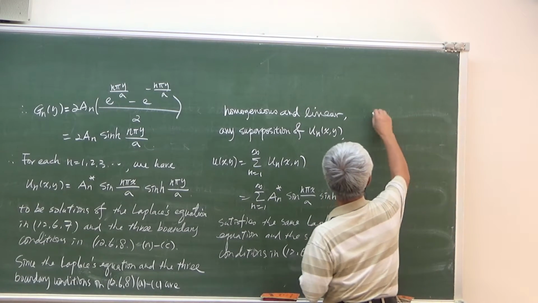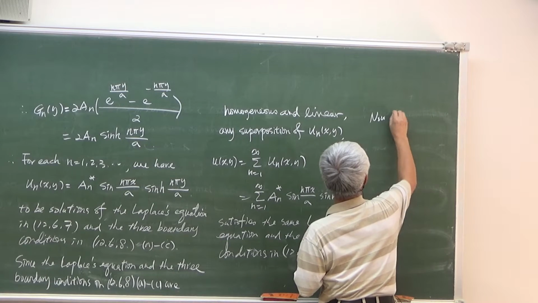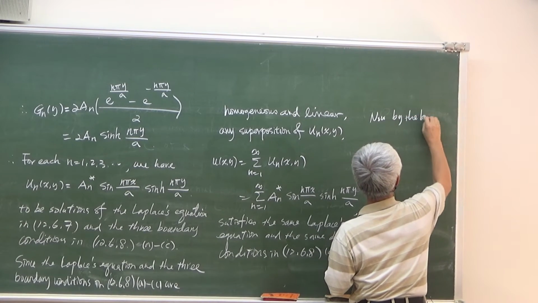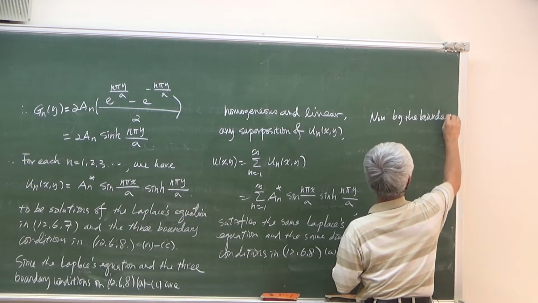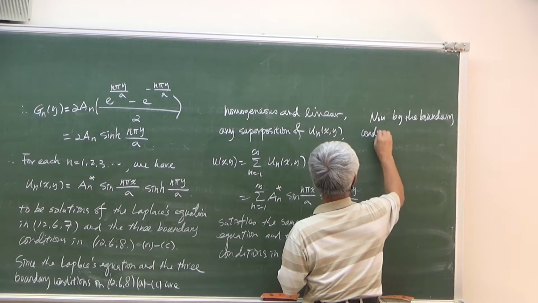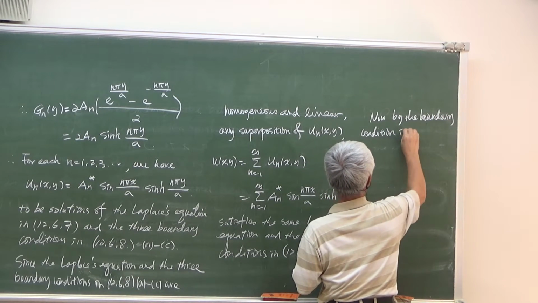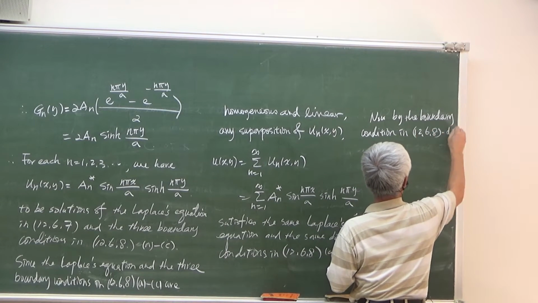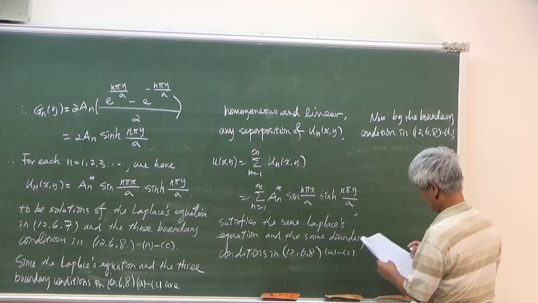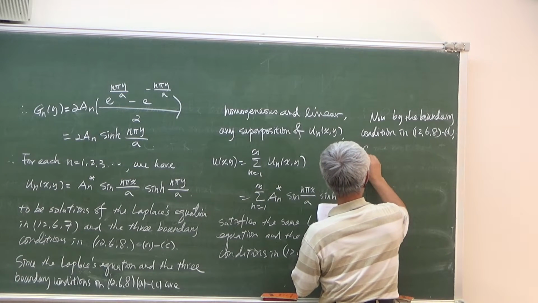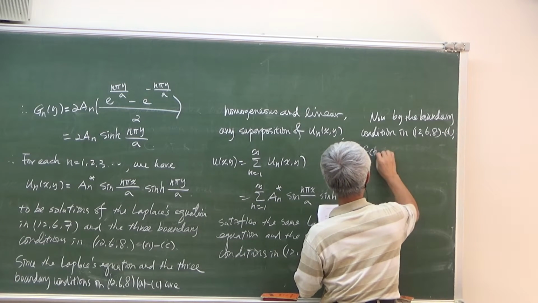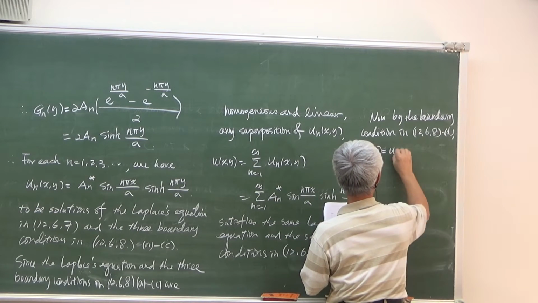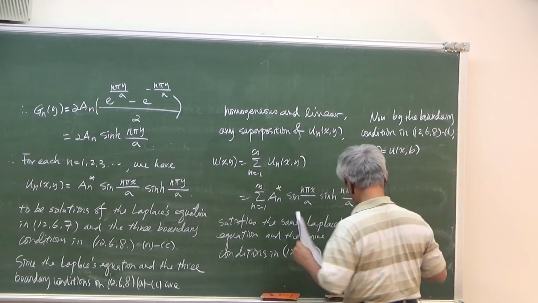So now we find the boundary condition in 12.6.8 D. We know f of x is equal to u of x, b.